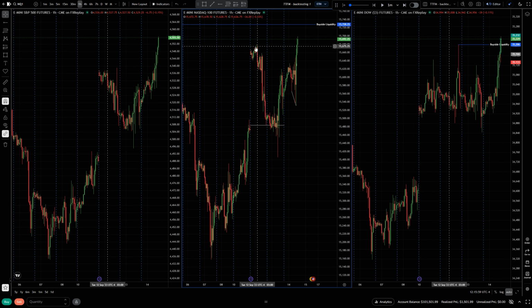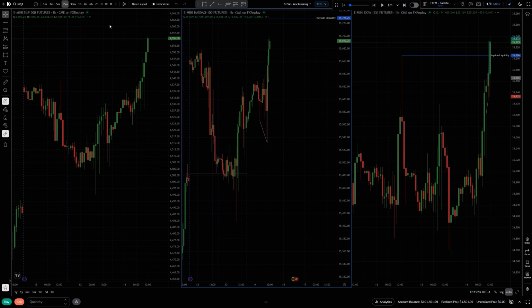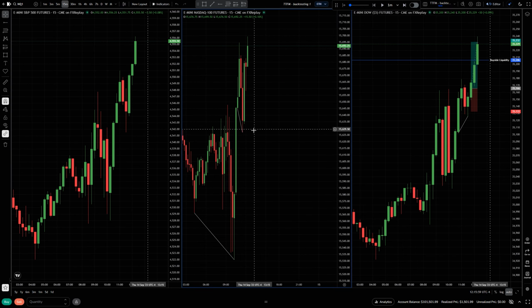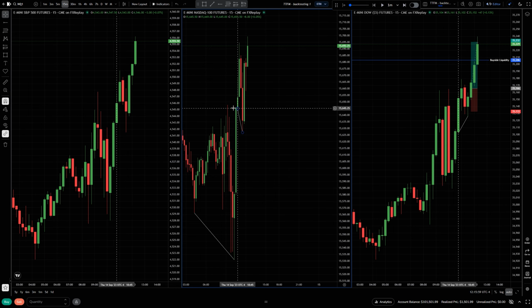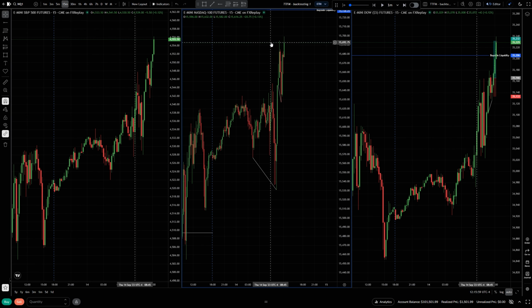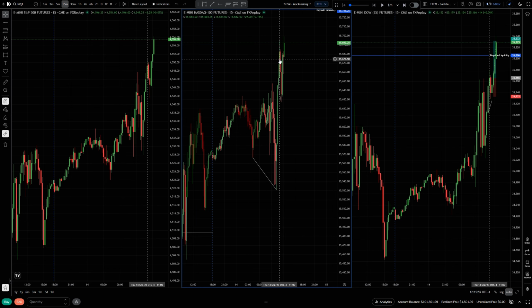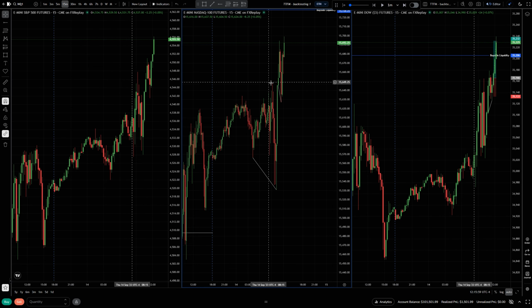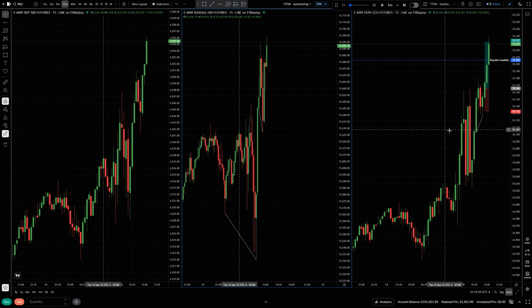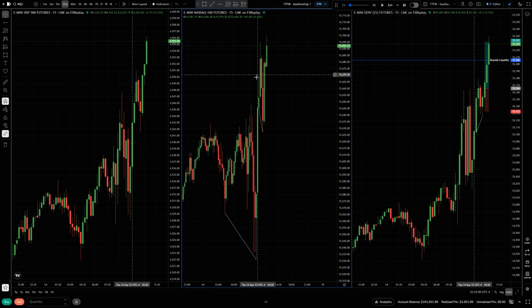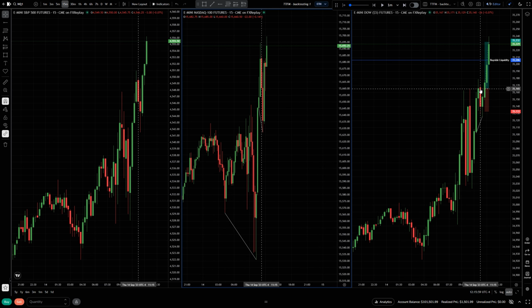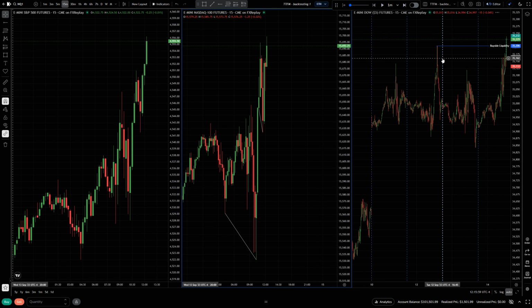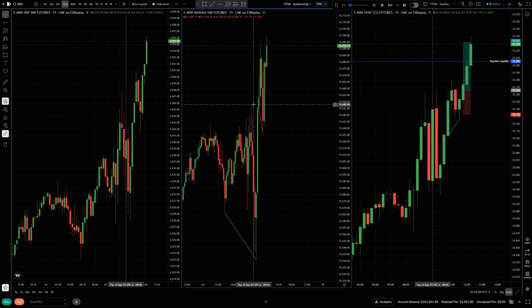So with NQ being so high up in the range, when you look on the 15-minute chart, we can see that NQ already reached its target, now YM has to catch up to NQ. So I was waiting for a strength switch into YM to see at least this high get taken.